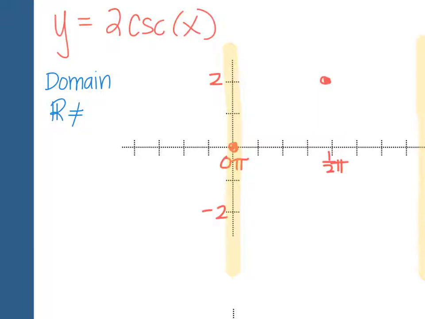And so I'd like you to list at least 3. So 0 pi, 1 pi, 2 pi, and then we usually write dot, dot, dot to show that we are continuing that pattern over and over and over again. So the domain will not include any number that is equal to an integer multiple of pi. That's how you write domain. It's connected definitely to the asymptotes.